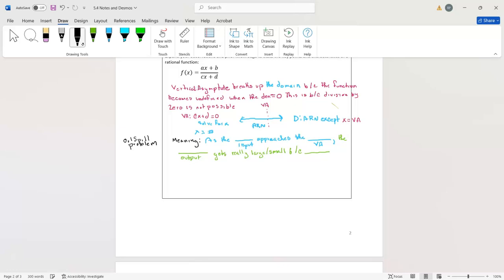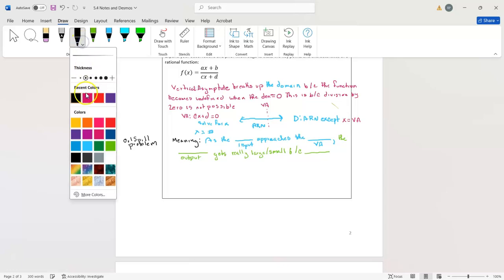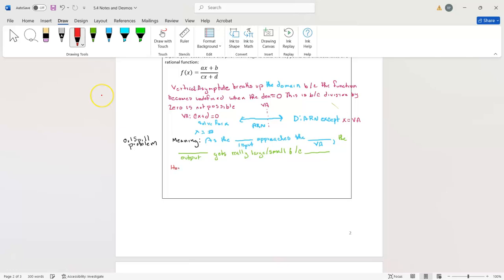Then we want to talk about the horizontal asymptote. Our horizontal asymptote is going to break up the range, and this is something we haven't quite figured out why this is happening yet.